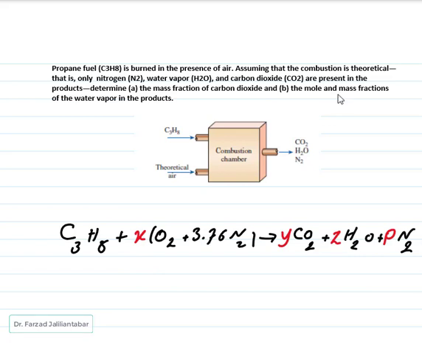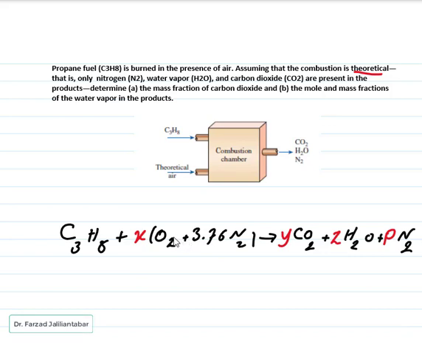Because this is a theoretical combustion, with some assumptions we can write the mass balance for this problem.